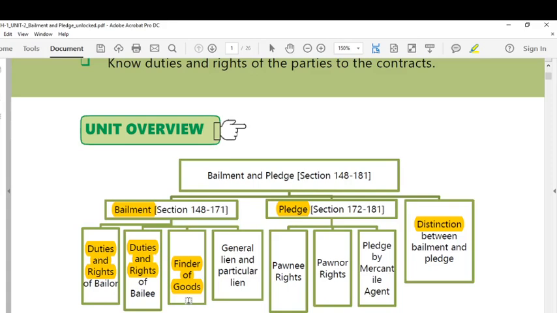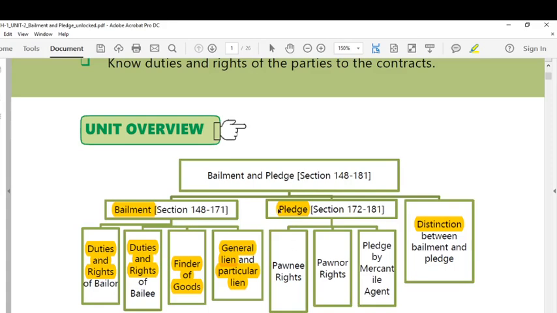If someone finds goods which are lost, what are his rights and duties with respect to the goods that he found? Another topic under the contract of bailment is general lien and particular lien. With respect to the goods which are kept under the contract of bailment, what kind of lien does the bailee enjoy, whether it is a general lien or a particular lien, and what is the difference between these two kinds of liens, is another topic under the contract of bailment.